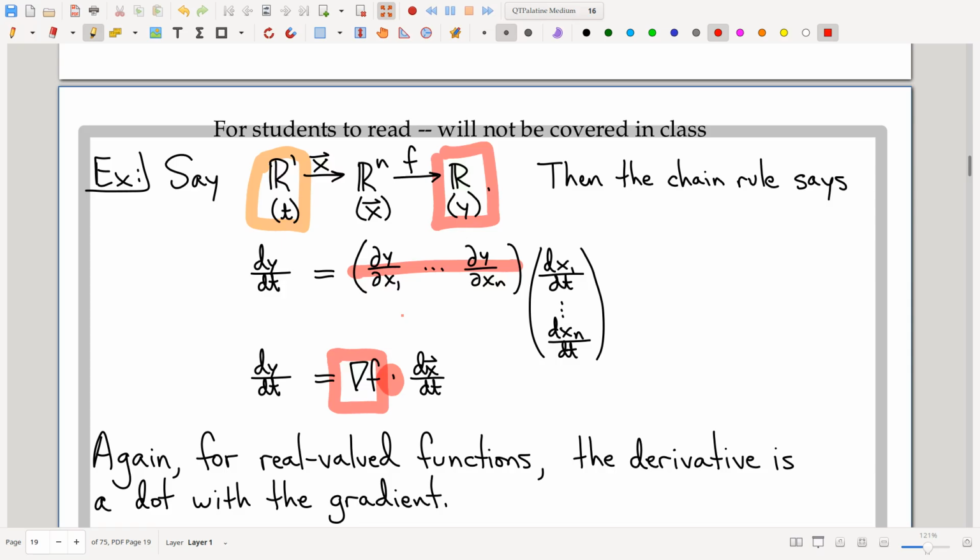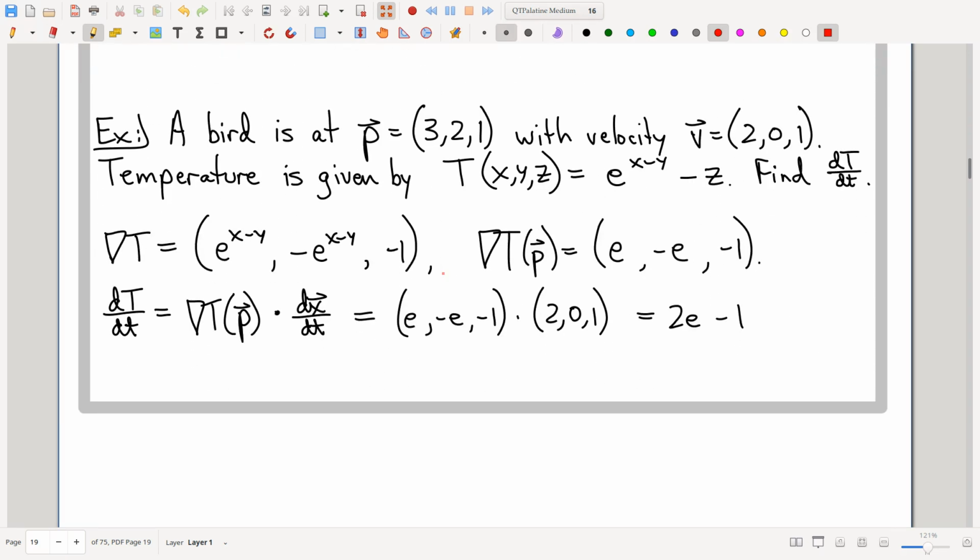And if you want to interpret a single row derivative matrix as being a vector, the gradient is that vector. Okay. So again, nothing new, and the example that follows could just as well have been from section 2.3. So take a look. It's straight out of 2.3.